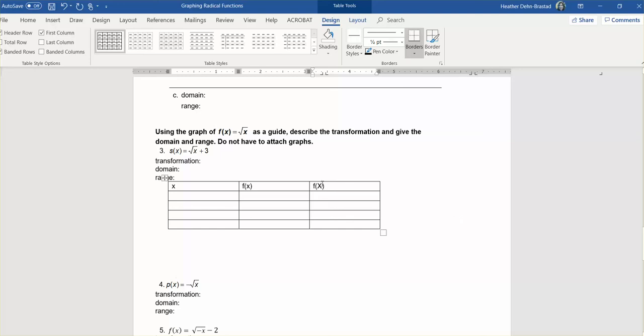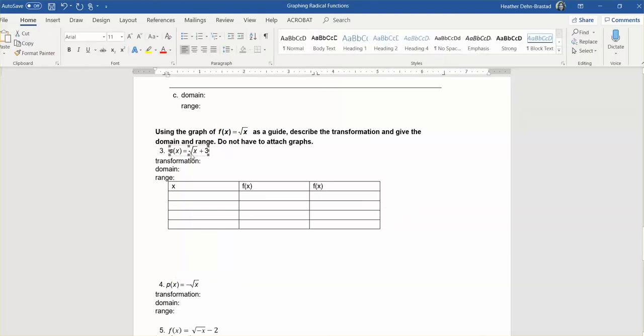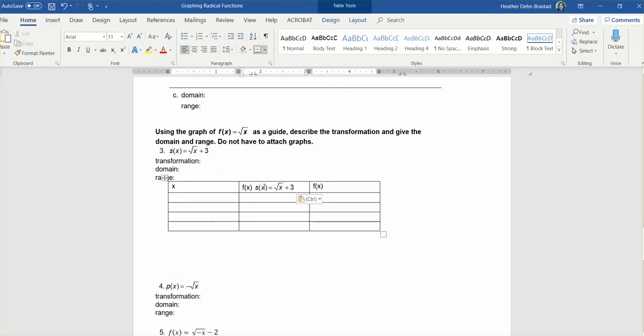So the middle one is where I could do my work. So I'm going to graph this. I'm just going to copy it and put it here. I guess it's s of x, not f of x. All right, so we're going to pick some values of x.